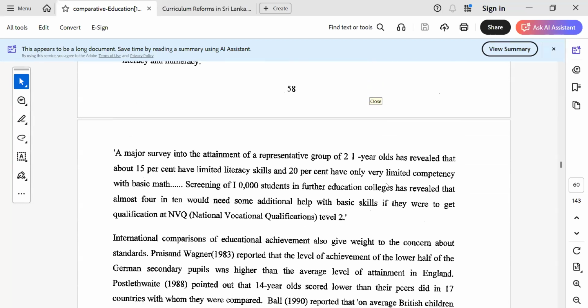And NVQ level. NVQ, recently we started, right? There are 7 levels in NVQ. The 7th level is equivalent to a degree. Even if you do not pass the GCE level, you can start with NVQ, right? So you can go up to level 7.